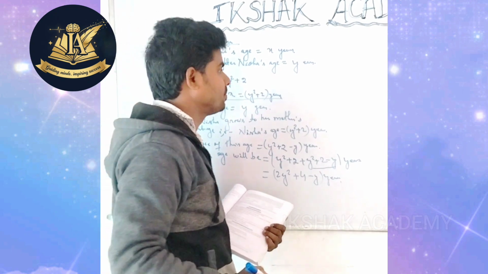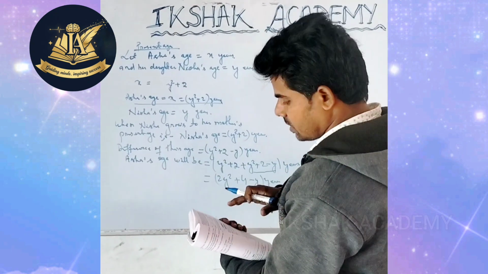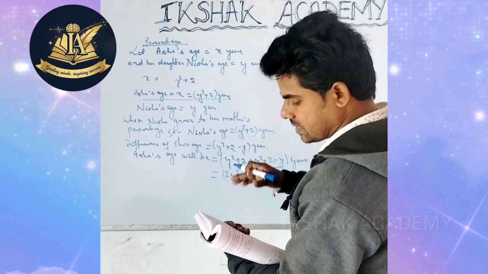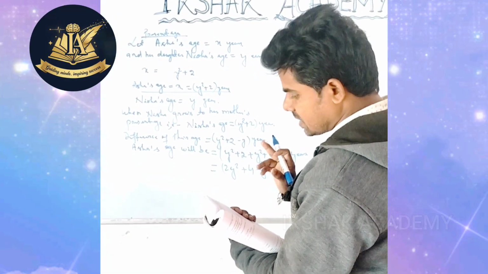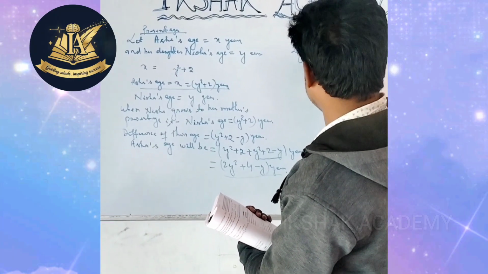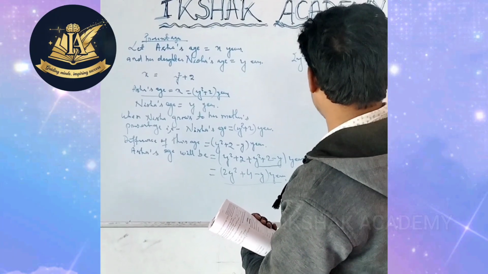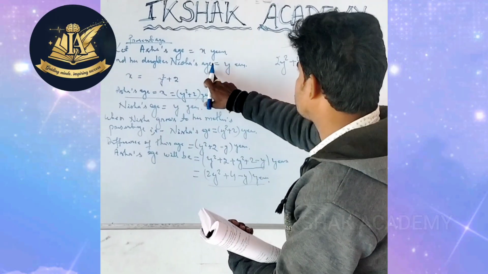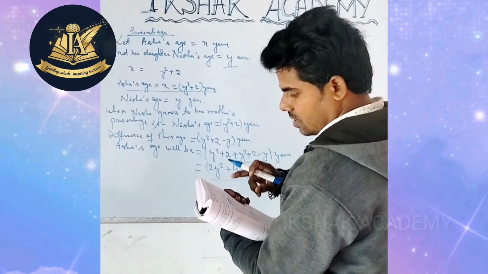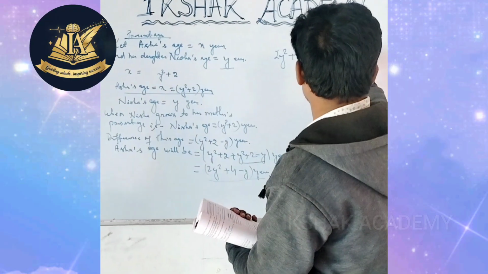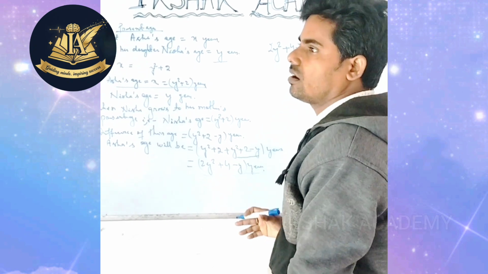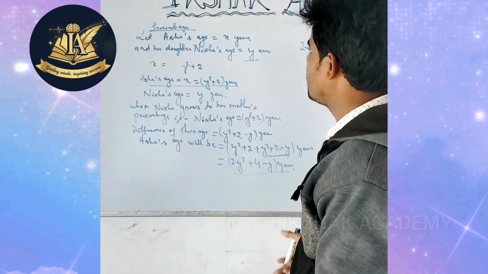So as per your question, Asha's age 2y square plus 4 minus y equals 10 times Nisha's present age minus 1, that is 1 year less. This is the final equation from which we can find the present age of Asha or Nisha.